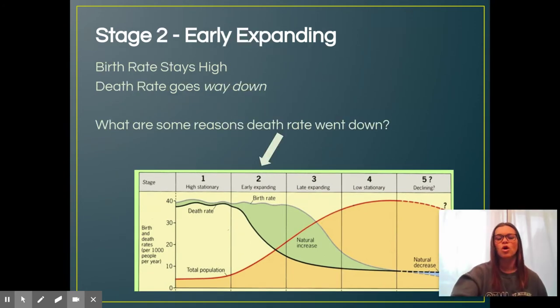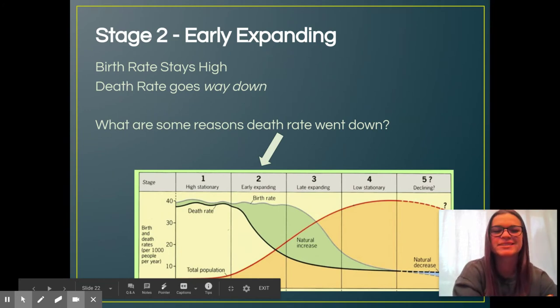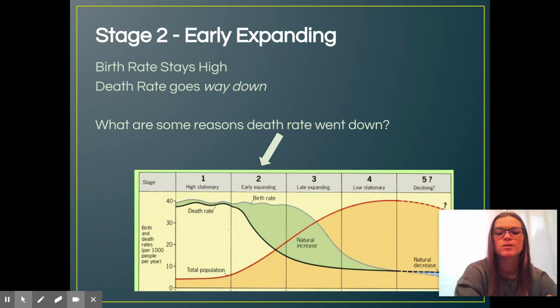Stage 2, early expanding. The birth rate continues to stay high in these stage 2 countries, but the death rate goes way down. And I want you to kind of brainstorm some of the reasons that the death rate would go so down in stage 2.